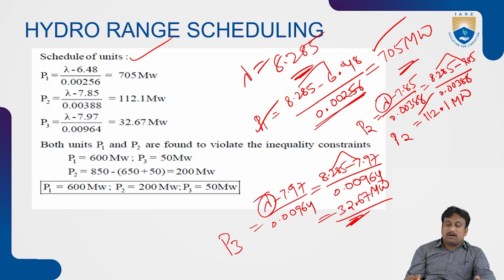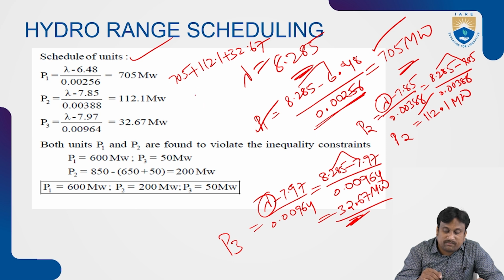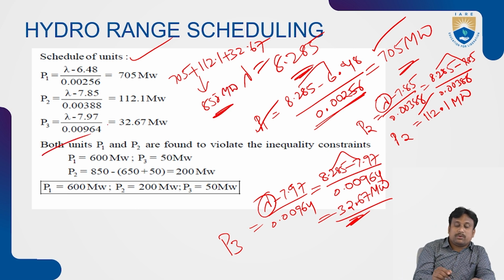So when you add all these combinations, 705 plus 112.1 plus 32.67, it comes to nearly 850 megawatts. And both the units P1 and P2 are found to violate the inequality constraints.